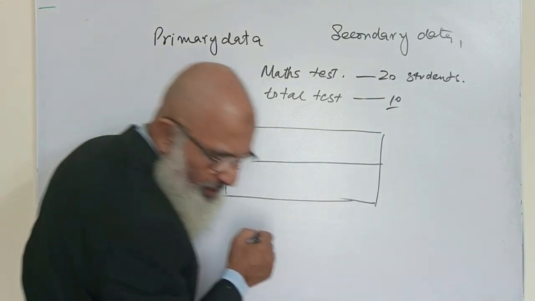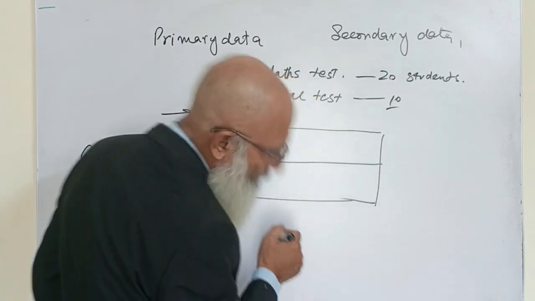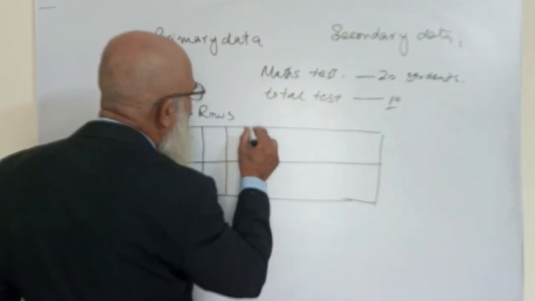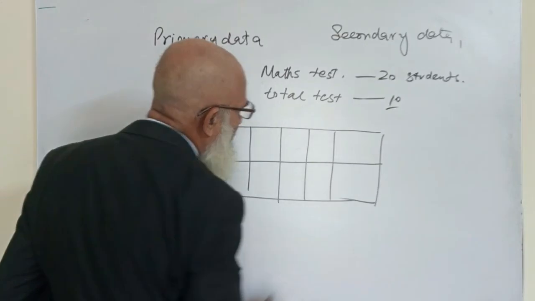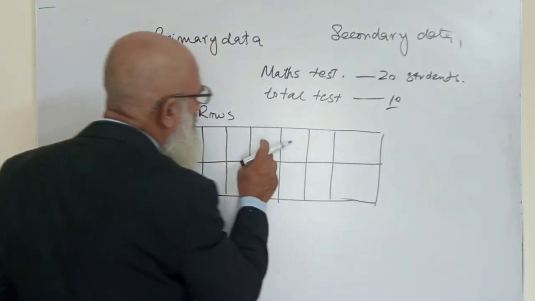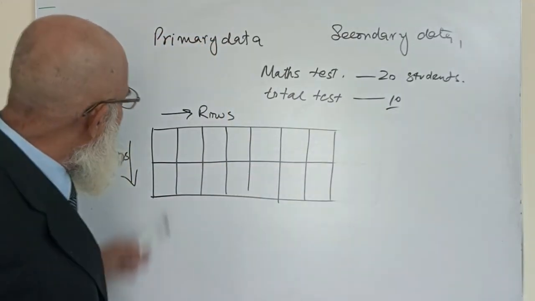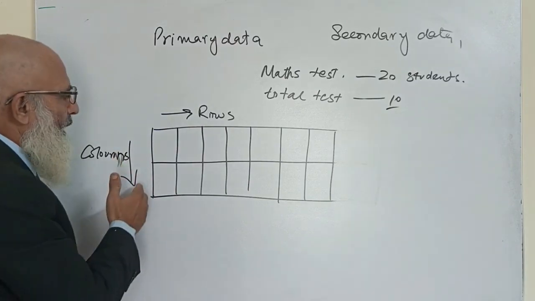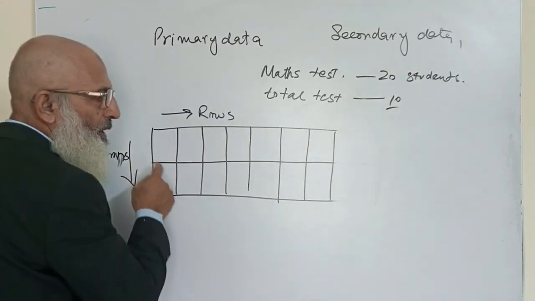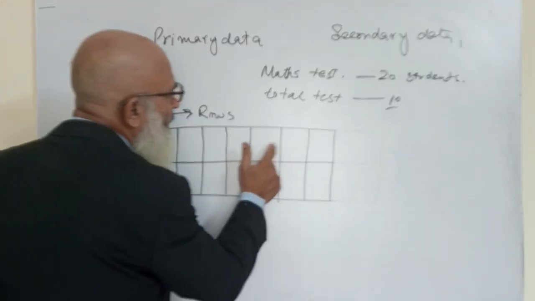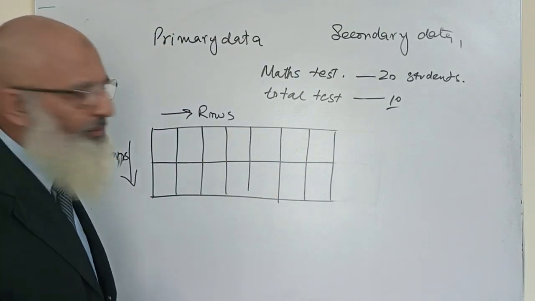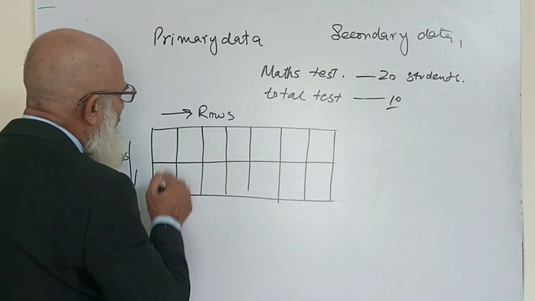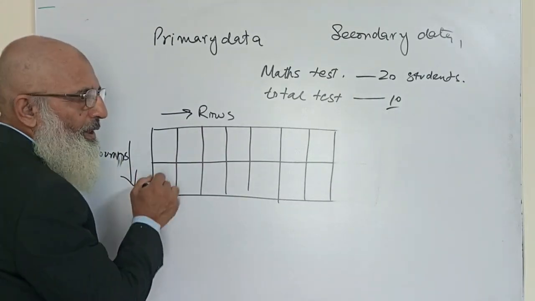My dear students, you see there are how many columns? 1, 2, 3, 4, 5, 6, 7. In Excel it is very easy. And there are 2 rows, 1 and 2.